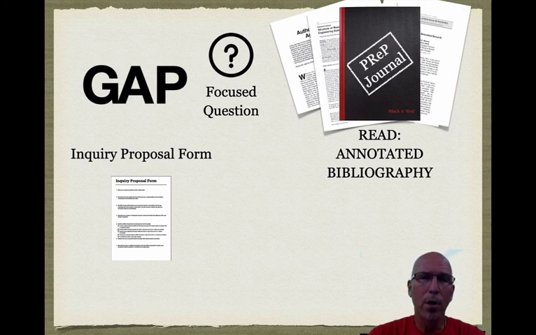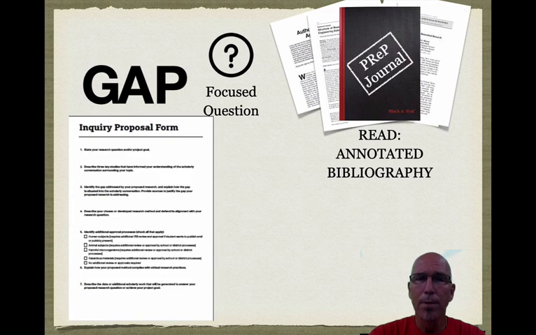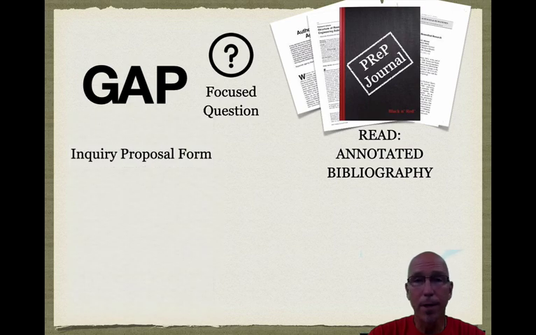Your question is going to culminate with something called an inquiry proposal form that you're all going to present with me, and it's going to be a fluid document. So I really doubt that you're going to have this hammered out the first time you bring it to me and we talk about it. This inquiry proposal form is really going to help you focus your question, think about what research you're going to want to do, maybe outside experts, all kinds of things like that.